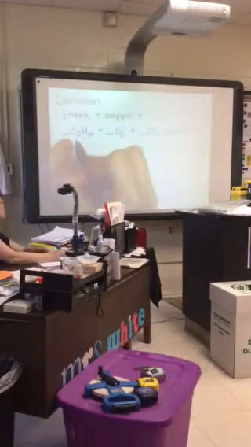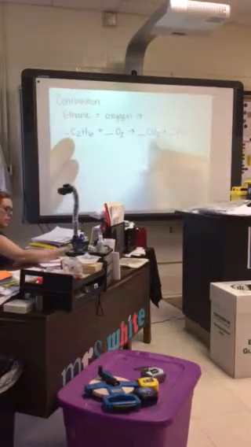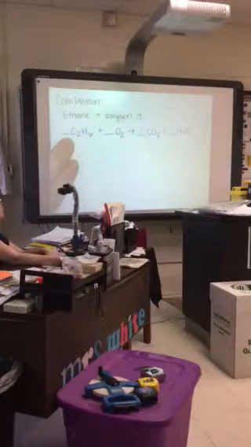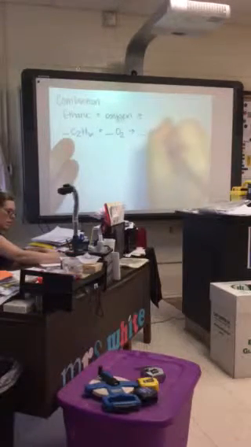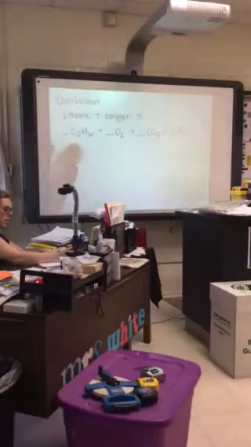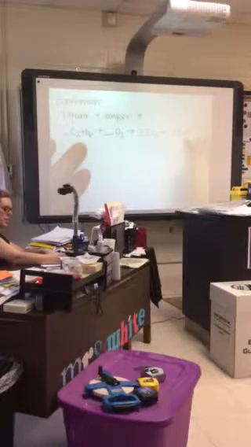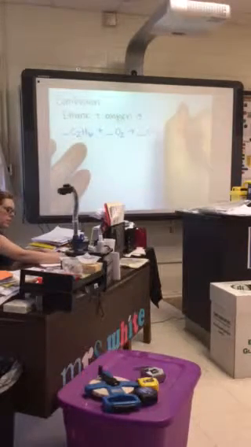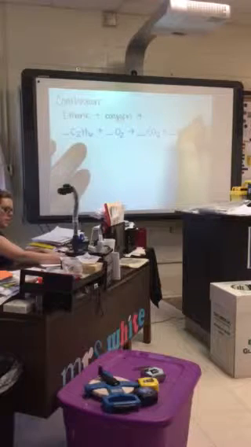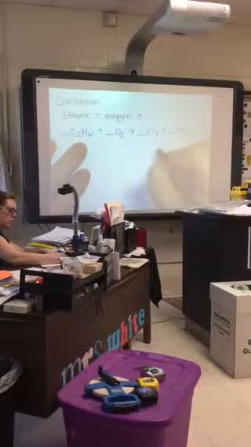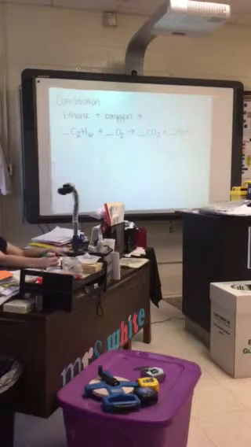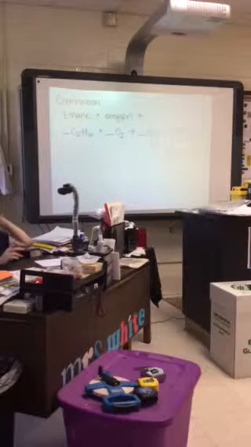So I've got 2 carbons here, so I want to put 2 there. That gives me 4 oxygens. I got 6 hydrogens. I got 2 hydrogens here. So that gives me 6. That gives me 3 oxygens for a total of 7. So this is one of those ones where we got to do what?